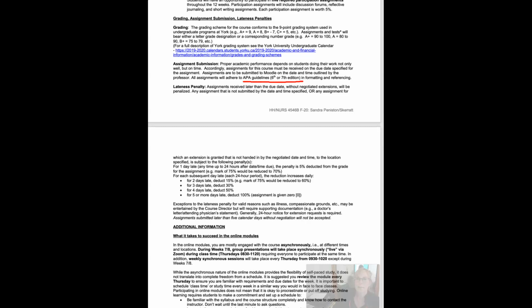The lateness penalty is here. This is pretty typical for most courses at York University. If you need an extension, please email me, and generally I need 24-hour notice for an extension to be granted. So make sure you read through these things on the syllabus.